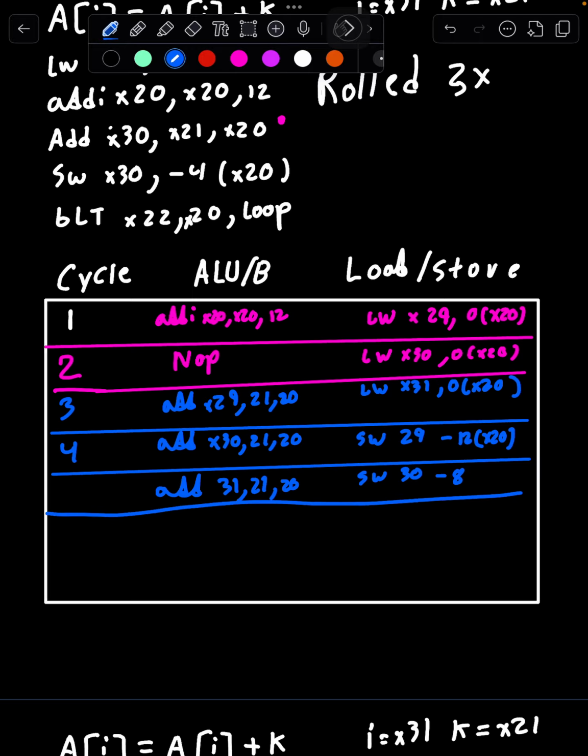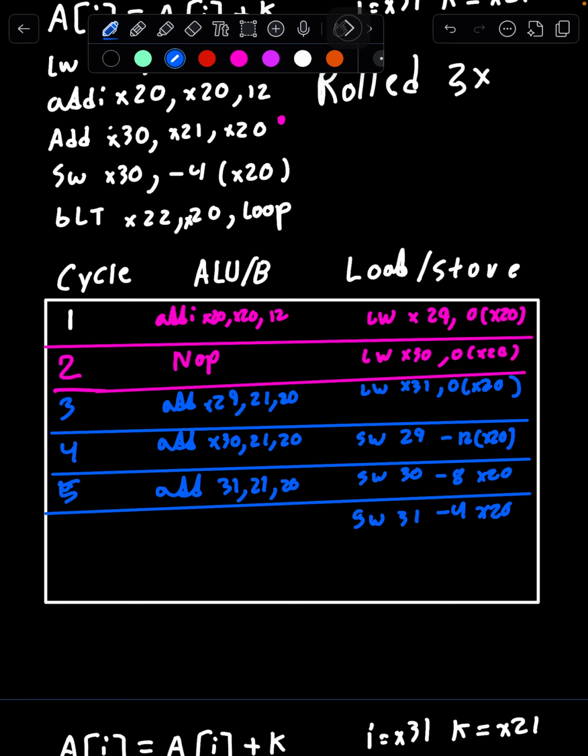That's going to be our 5th iteration, no problem. Now we get to our last store word. I'm going to store x31, -4. And now we're done with our addition.